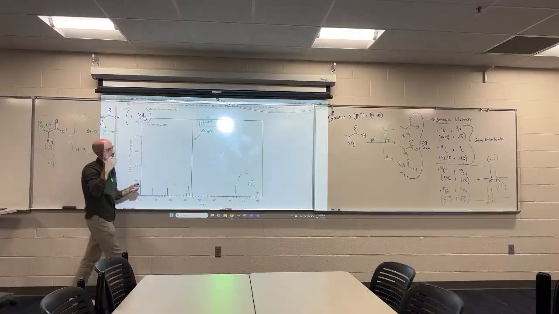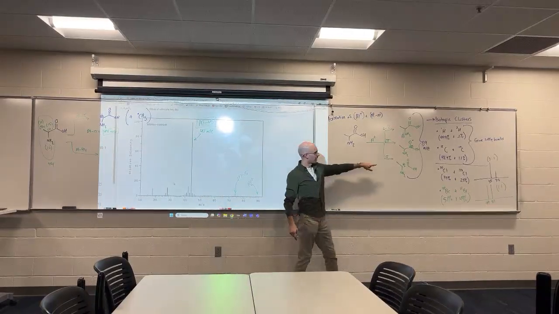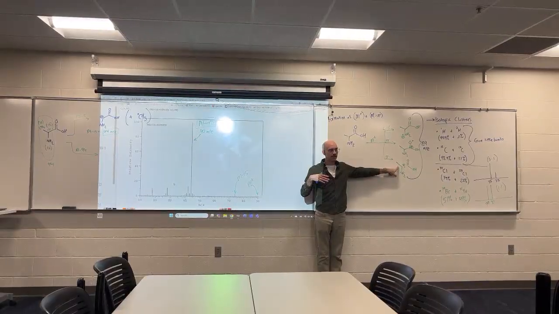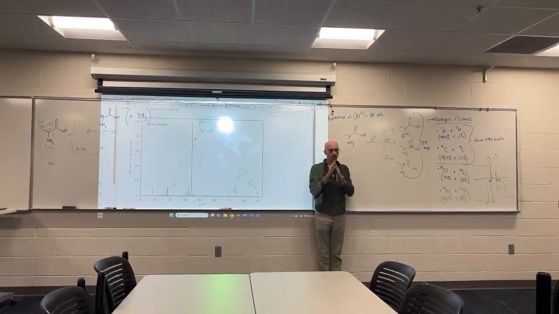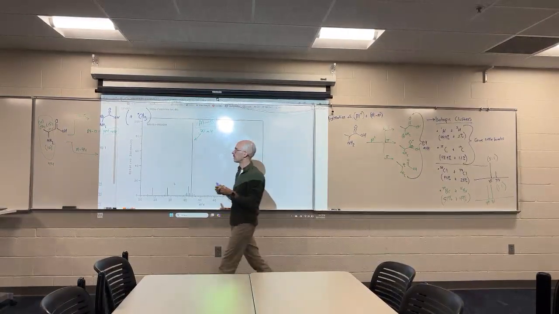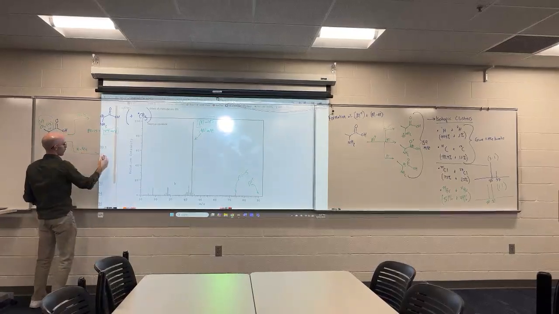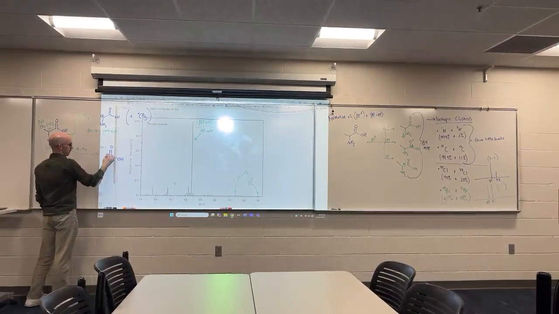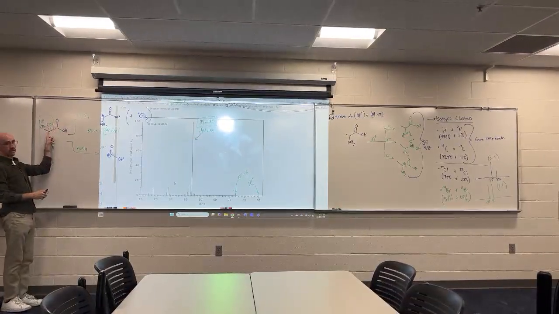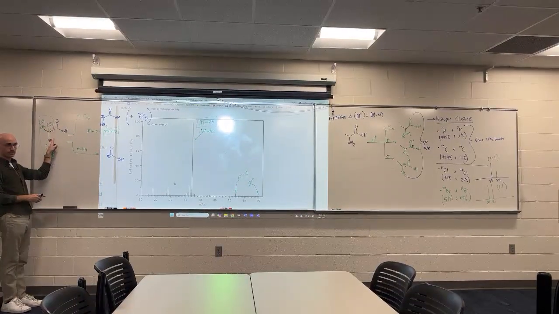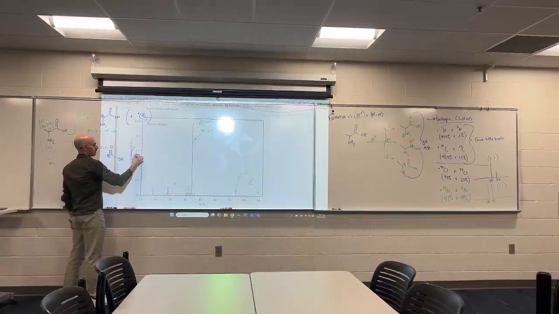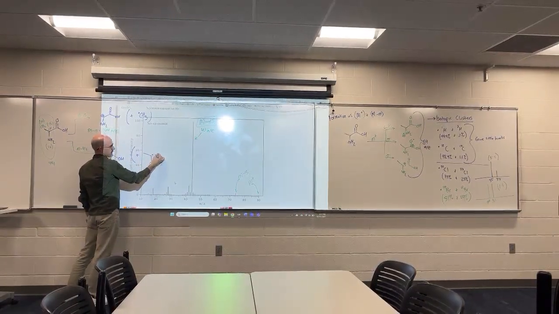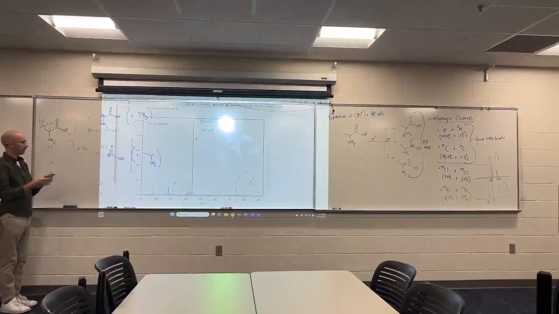I want you guys to notice this is the same bond that I broke last time. I'm breaking that carbon-carbon bond again. But this time I'm actually just going to form two fragments. The M minus 44 fragment is this component where I've also lost this as the radical.